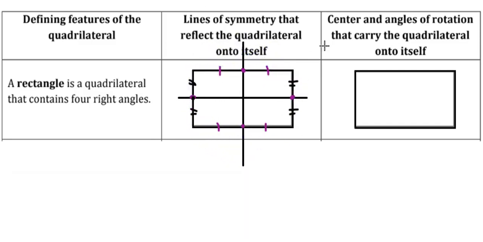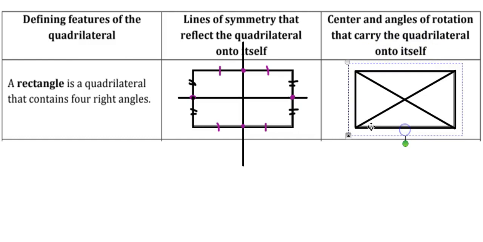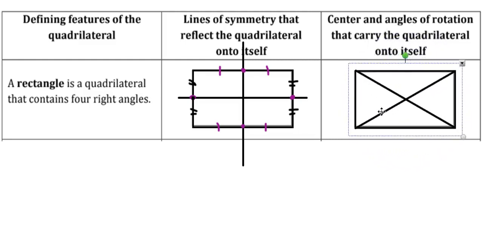The other option is I could look at my diagonals. The diagonals in my rectangle are congruent to each other. I know this because when I rotate 180 degrees, they coincide. So this diagonal right here, when I rotate 180 degrees, is now this diagonal right here.